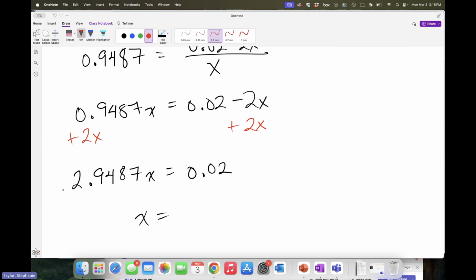And then here we're just going to divide both sides by 2.9487. Just make sure we're dividing by the same thing. And I get a value of x of 0.00678.